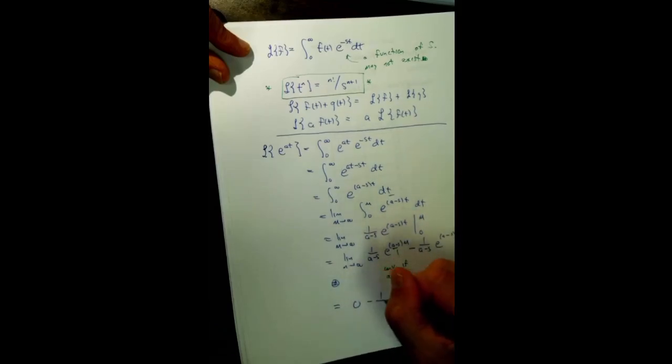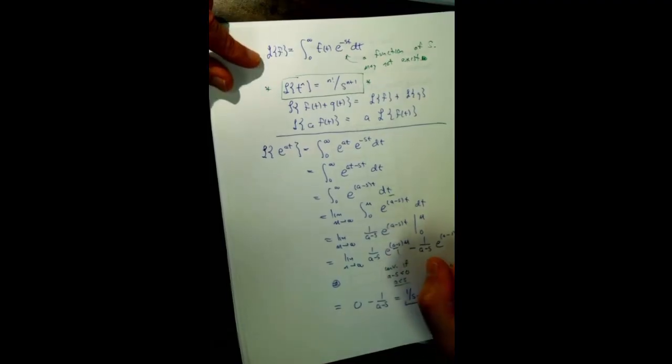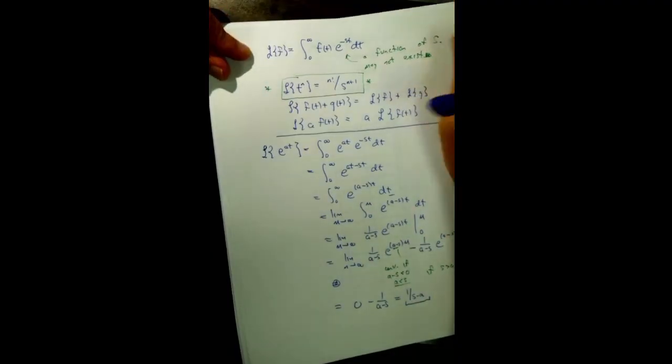I'm going to get minus 1 over a minus s. E to the 0 is just 1. And by convention, we usually write it as 1 over s minus a. And the reason we do that is that it just makes things a little cleaner when we start doing partial fractions later.